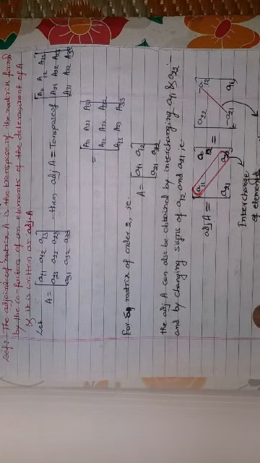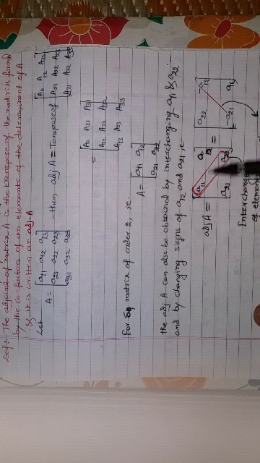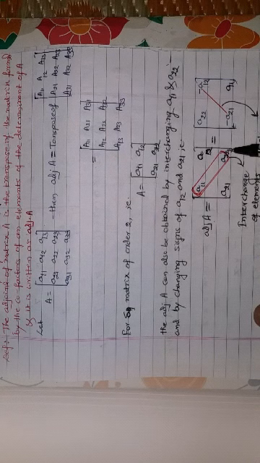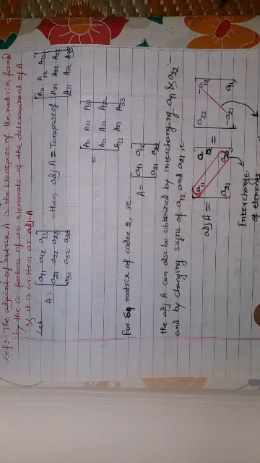Then it can be represented as interchange of elements. A11, A22: A22 can be right here and A11 can be right here only. And A21, A12 change their sign. Always it is plus, but now I have changed here by minus. Again minus.